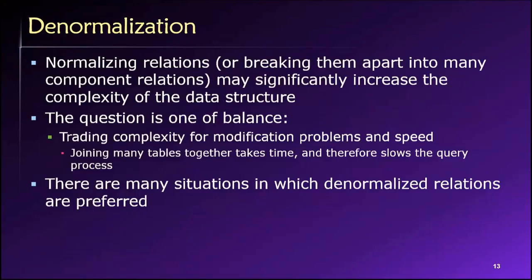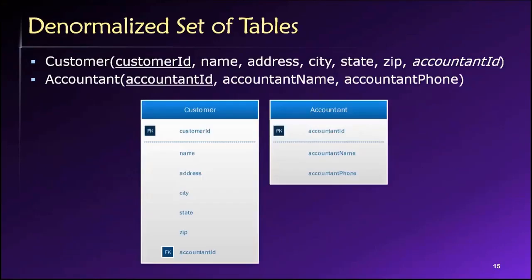Now, if we imagine that we want to do something like quickly find a customer's address, one of the things that we could do is we could merge our zip code table and our customer table together so that it's just one table. And that's what's shown here. Instead of a 3-table solution, we have a 2-table solution.